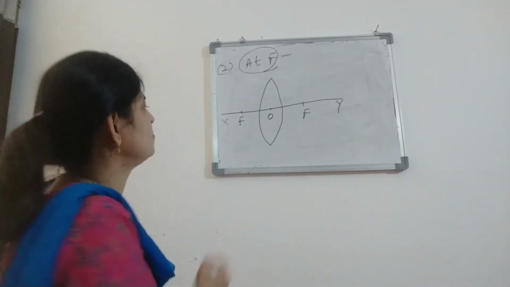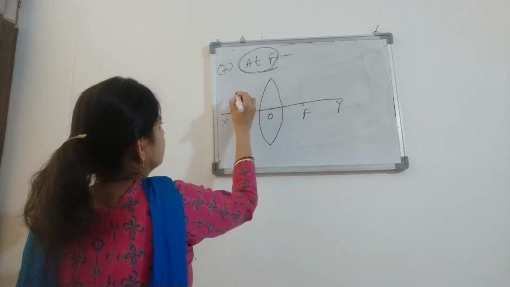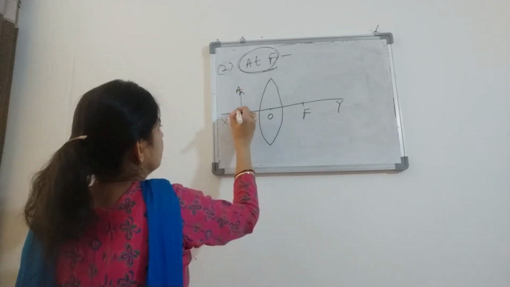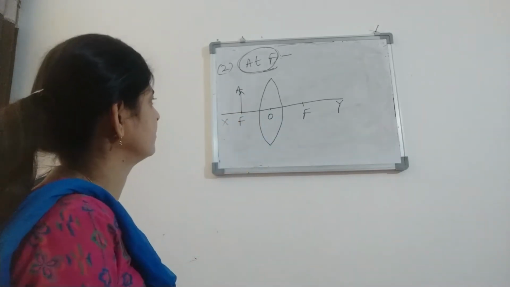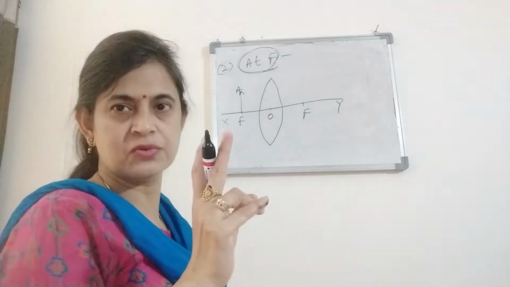Now place the object at F. So this is your object. Now apply any two rules.